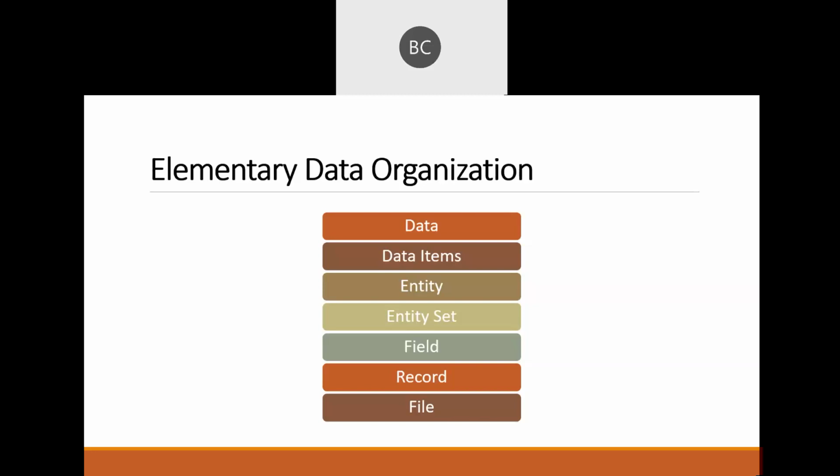For example, your name, sometimes even in a form you can see your names have divisions: first name, middle name, and the last name, right? So as a whole, your name is your data, but again we have first name, middle name, last name. These are your group items.